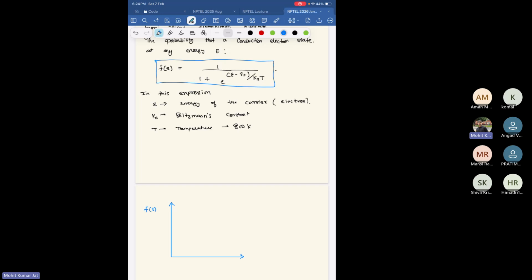The maximum occupation probability can be 1 and the minimum can be 0; probability can't be negative. So this is 1 and this is 0. Now we'll plot our curve, and this is our EF, the Fermi energy.